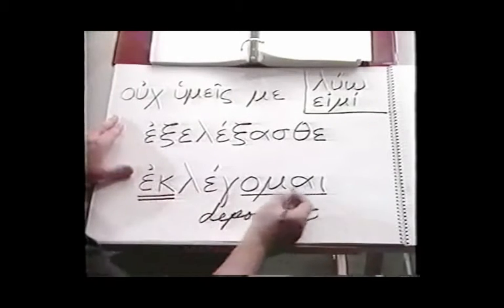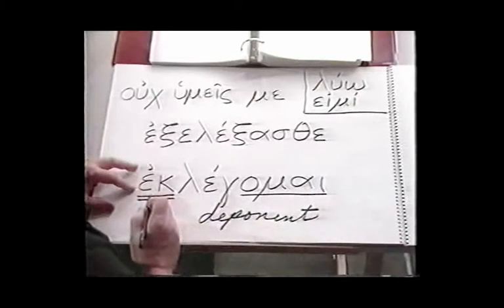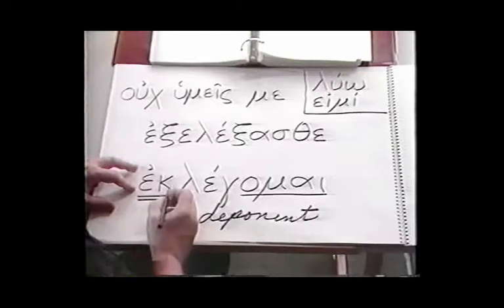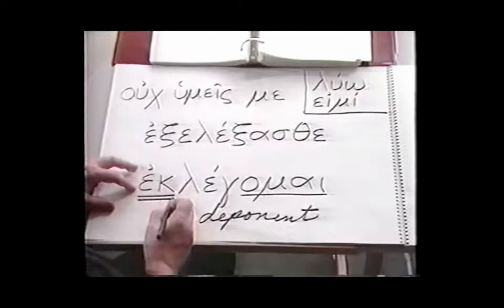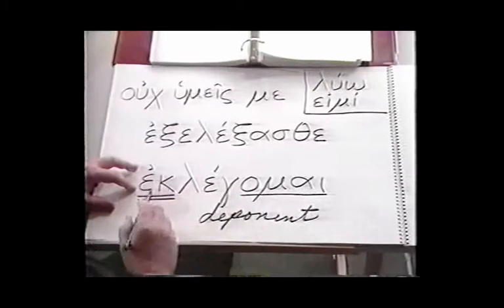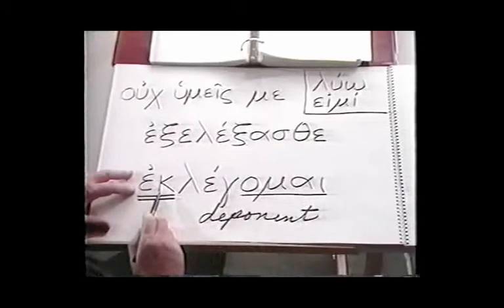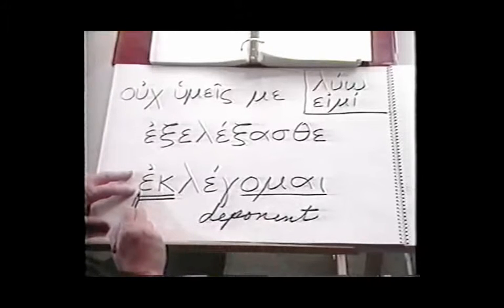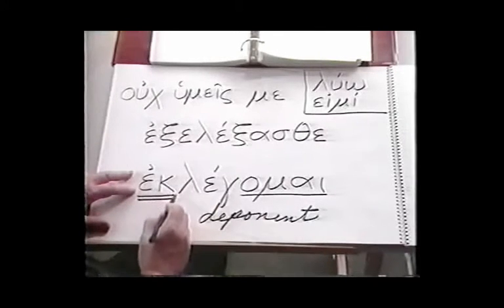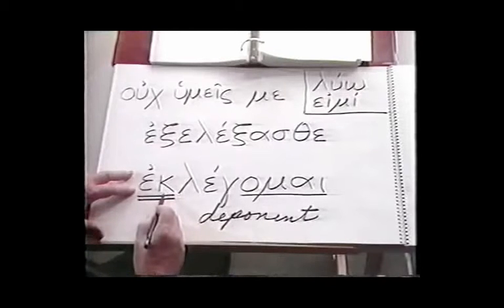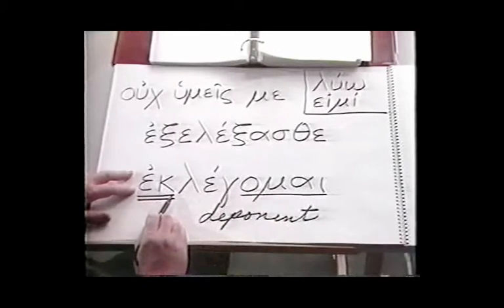In a compound verb, if there is to be an augment to show past time, that augment will occur between the prepositional prefix and the rest of the verb. So if I take this verb ek legomai and I insert an augment for past time, where would I put it? Not up front, but I would put it right here between the prepositional prefix and the rest of the verb.